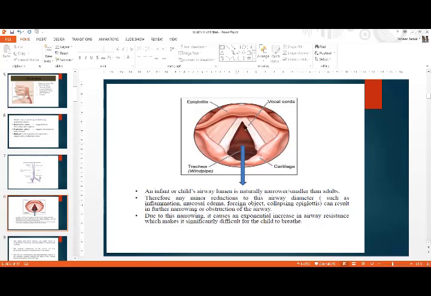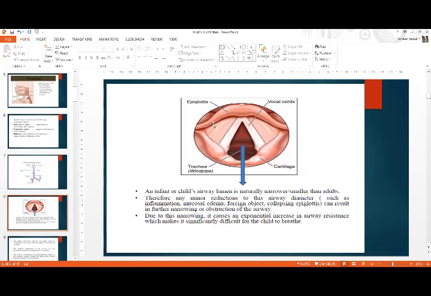As you can see, this airway is quite narrow, and if on top of it we have some sort of inflammation or edema as a result of the inflammation or some foreign body obstruction, then there is further hampering of airflow, and as a result of this obstruction to airflow, the high-pitched sound that we call stridor will be produced.